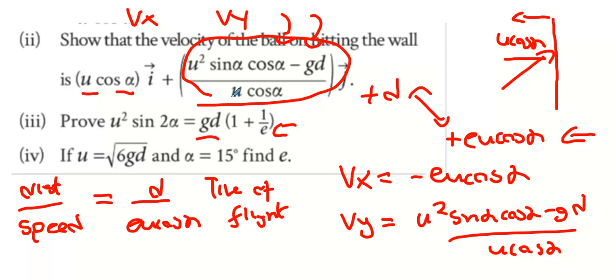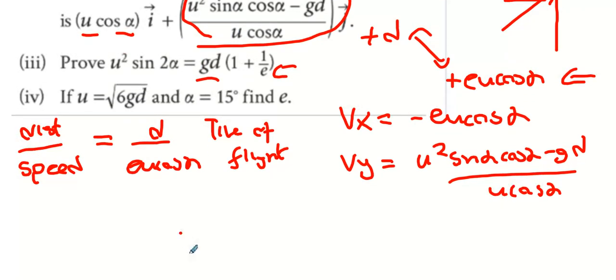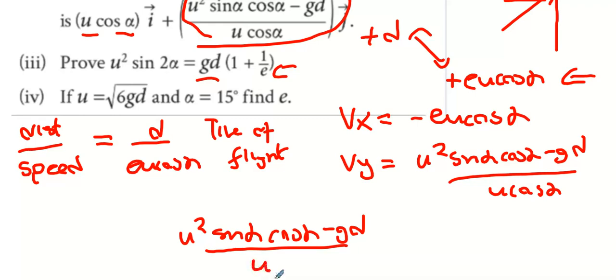Because our Y value has a starting off velocity. You're not starting off at rest, you're starting off moving. So it's going to be U squared sine alpha cos alpha minus GD all over U cos alpha. That's your U value. Minus a half gt squared, yeah?